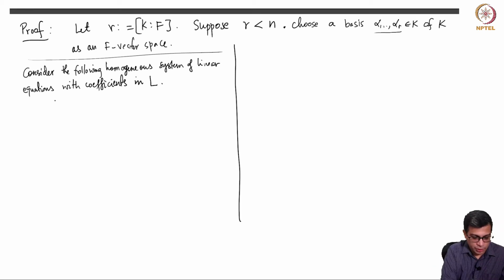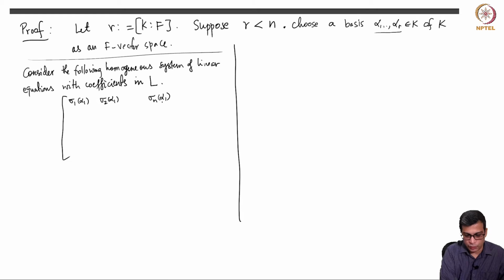So, I am going to represent the system as a matrix. So, in the first row, I am going to fix alpha 1. So, sigma 1 alpha 1, sigma 2 alpha 1, sigma n alpha 1. In the second row, I am going to fix alpha 2 and sigma i's go through from 1 to n. So, sigma 1 alpha 2, sigma 2 alpha 2, sigma n alpha 2. Okay.